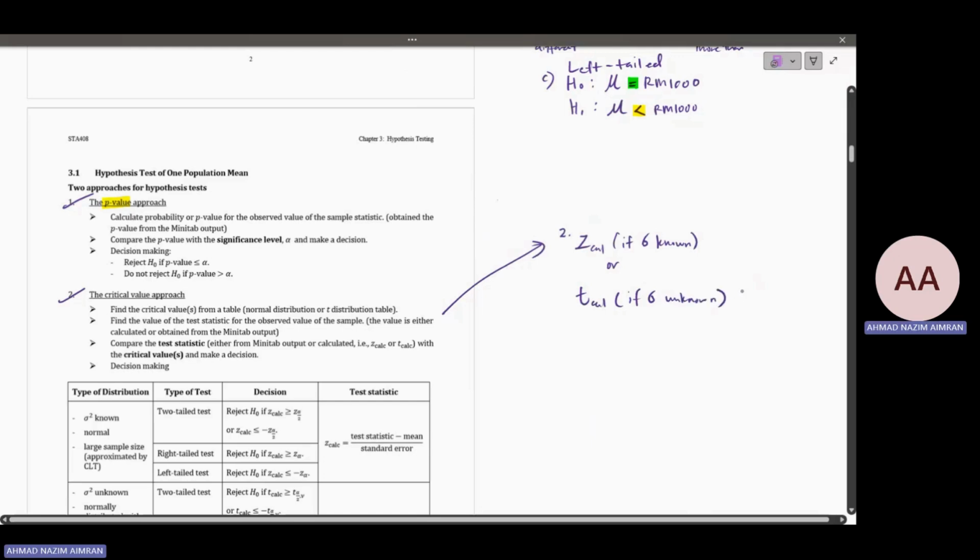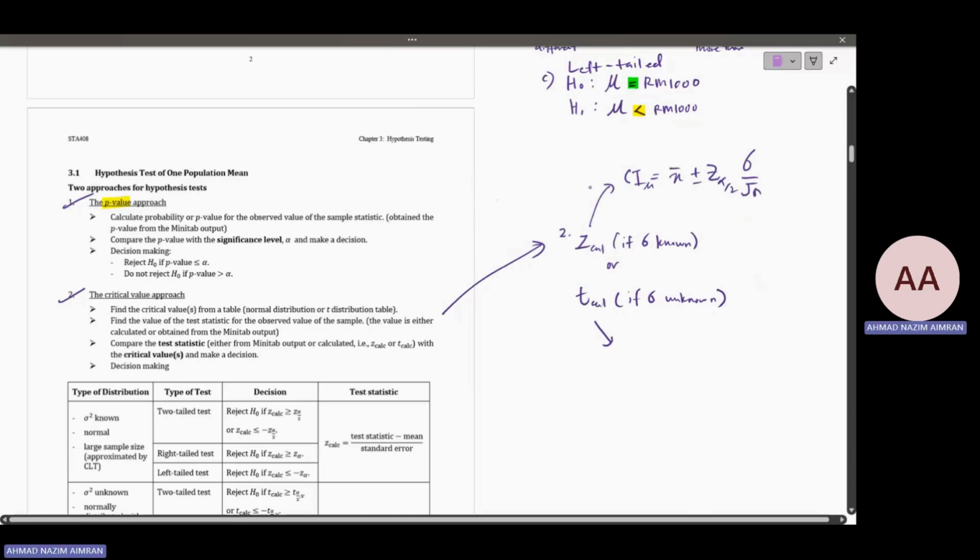It is the same as in chapter 2. We use Z distribution, for example, to find the confidence interval of one population mean, x bar plus minus Z alpha over 2 times the standard error.